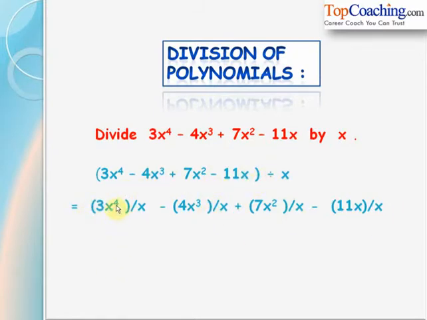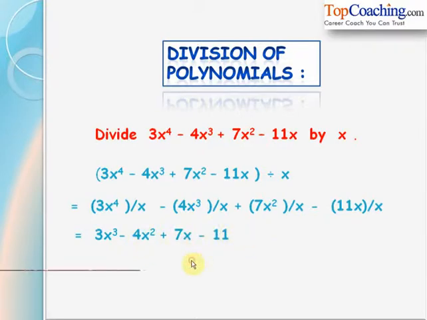Now we divide 3x to the power of 4 by x. One x and one x get cancelled from the numerator and denominator in this expression, and what we get is 3x cube. Similarly, one x and one x get cancelled from this term, and what we get is 4x square. Similarly for the other terms, and thus what we get is 3x cube minus 4x square plus 7x minus 11.